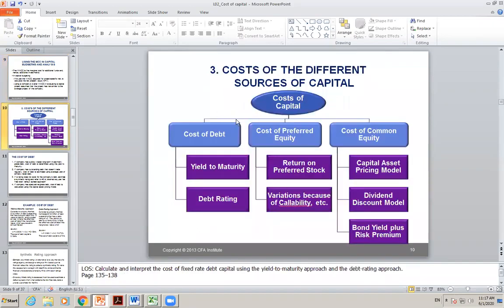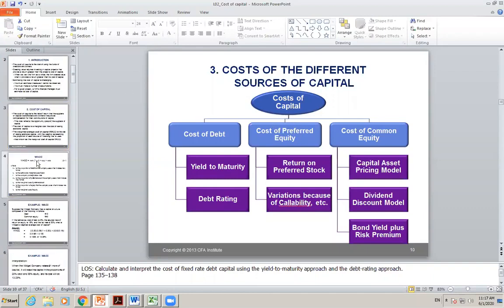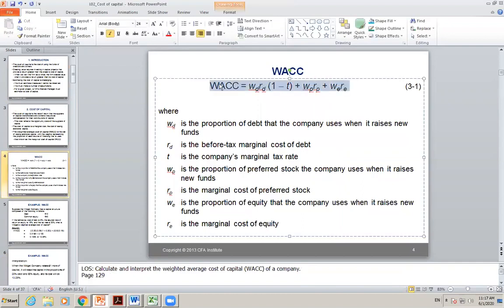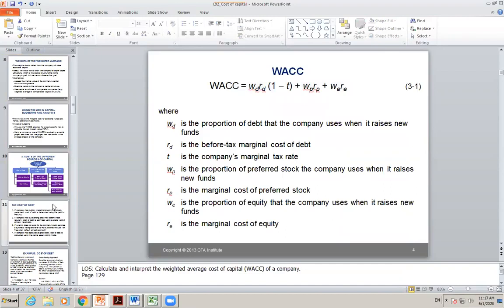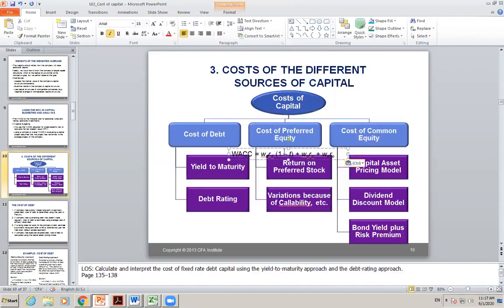So if you come up with the structure of the cost of capital, it is the weighted average times the cost of debt, which is adjusted for tax as well, of course, plus the weighted average times the cost of preferred equity. Let me just copy that formulation and put it here, so you can compare.